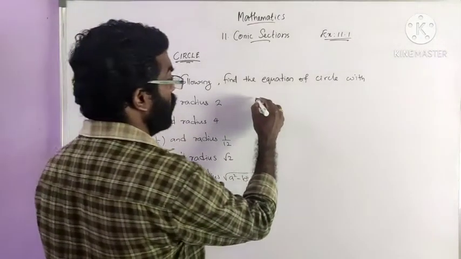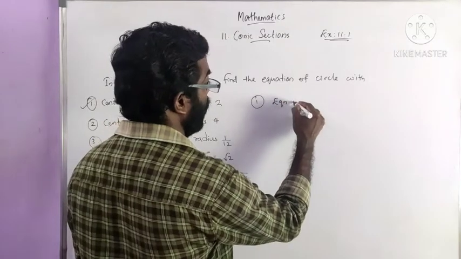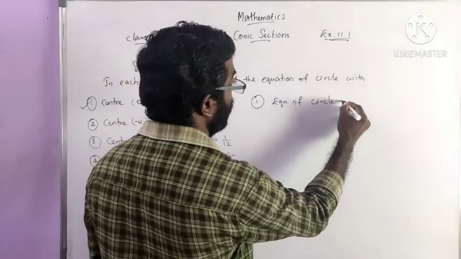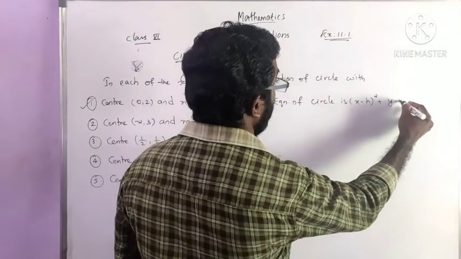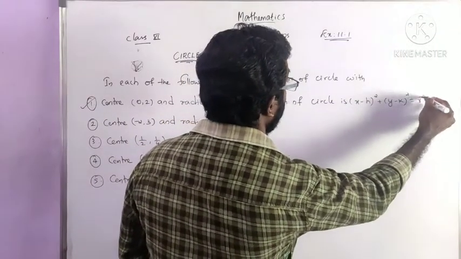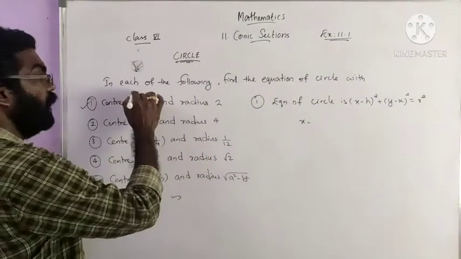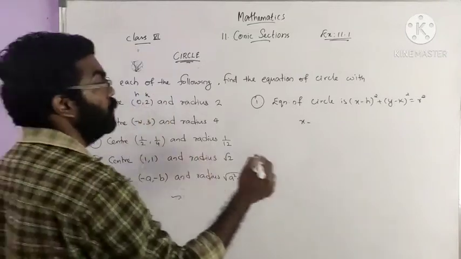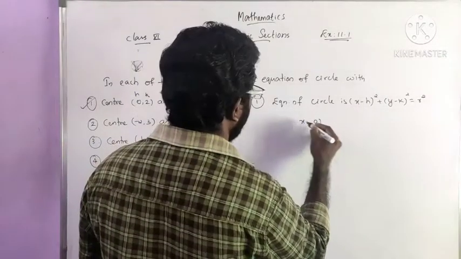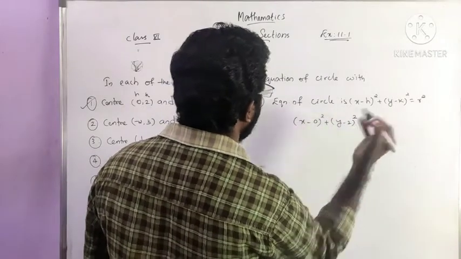So we can write the equation of circle as x minus h the whole square plus y minus k the whole square is equal to r square. That is x minus, instead of h we can put 0 and instead of k we can write 2. So x minus 0 the whole square plus y minus 2 the whole square equal to r square.